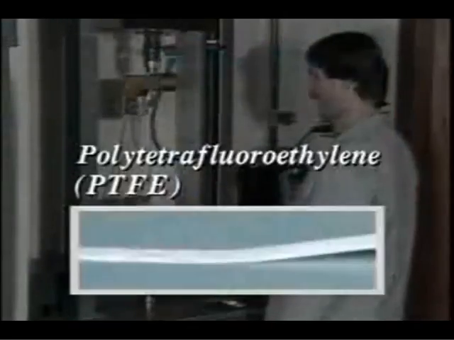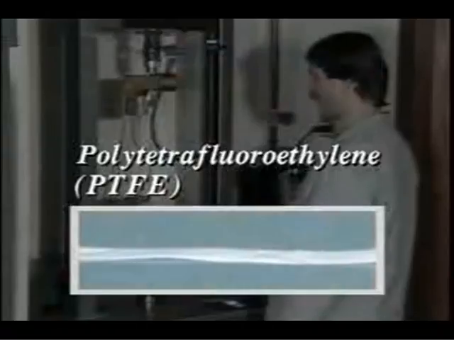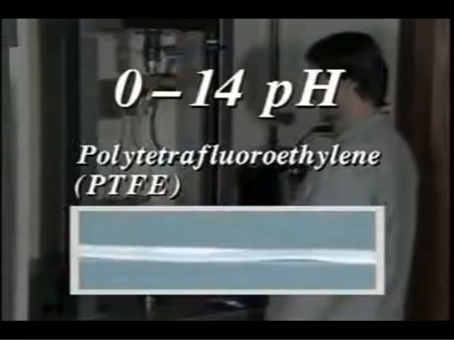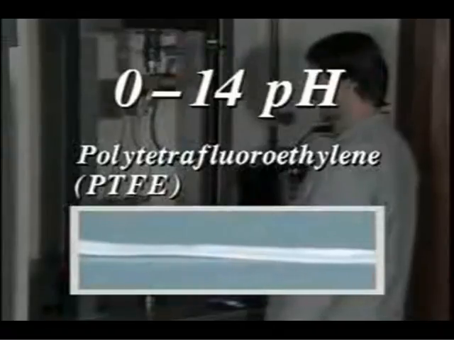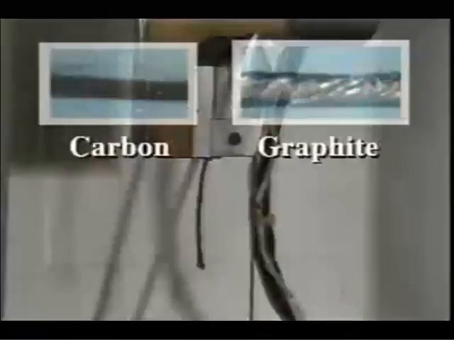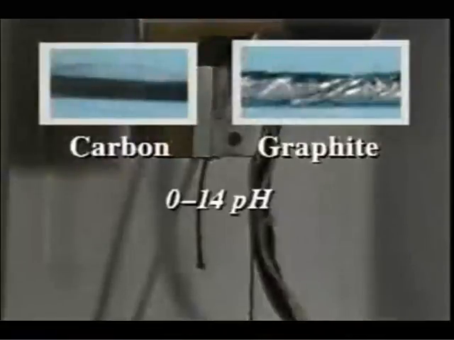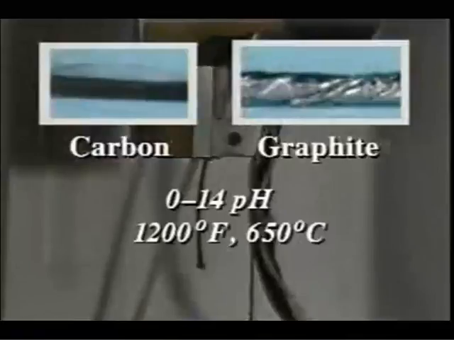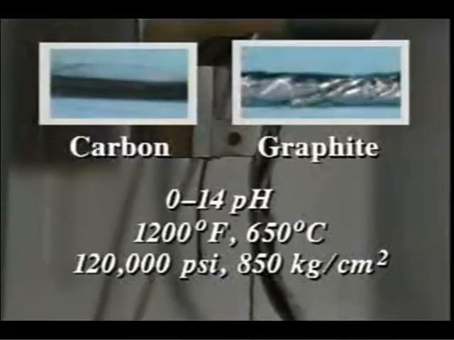And polytetrafluoroethylene, or PTFE, with its high resistance to chemicals and heat for sealing a wide range of corrosive fluids. The latest generation of fiber materials are carbon and graphite, with wide chemical resistance, high temperature capability, high tensile strength, and low coefficient of friction, all the physical characteristics of ideal packing fibers.